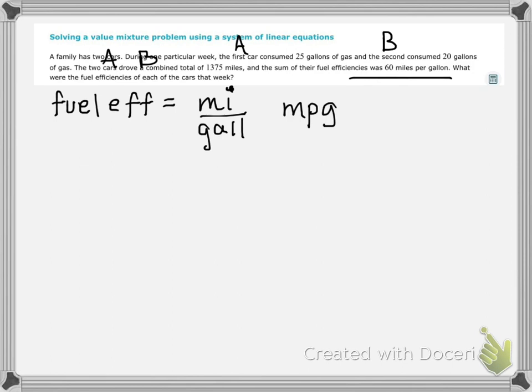I think the first equation here, if the 2 cars drove 1,375 miles, we're going to do the 25 gallons times A miles per gallon is how far the first car went, plus 20 gallons times the miles per gallon for B is how far car B went, and it went a total of 1,375 miles.